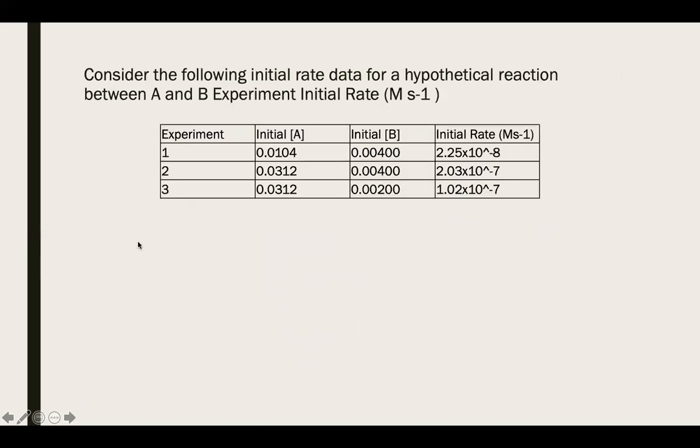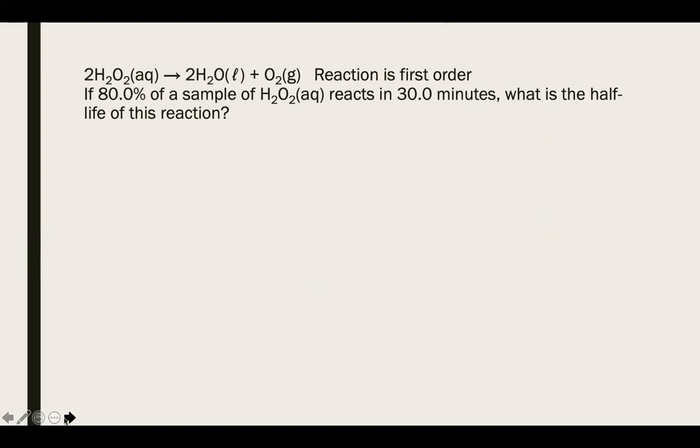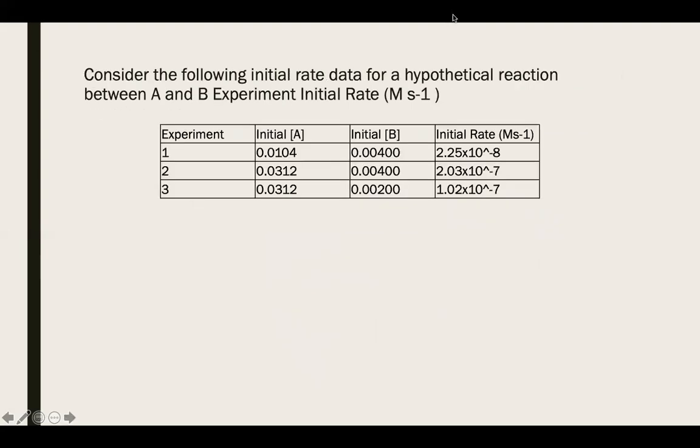Okay. Now this next problem is finding a rate law from experimental data. It's asking us to find the initial rate data for a hypothetical reaction with two reactants, A and B. And so we're given three different reactions, and in the first two reactions, B stays constant, but A is changing.